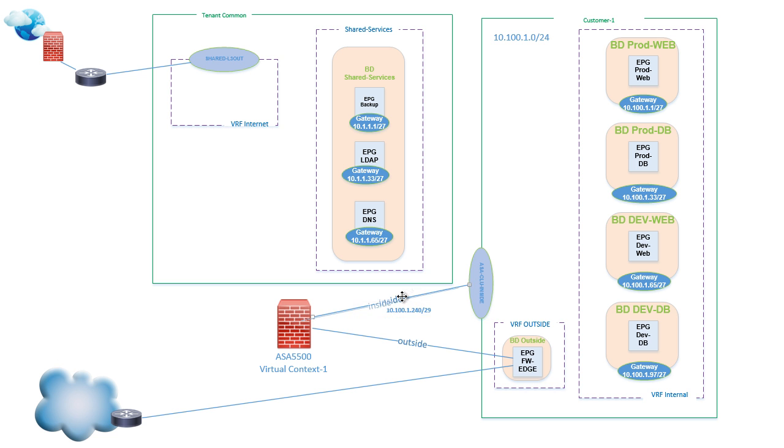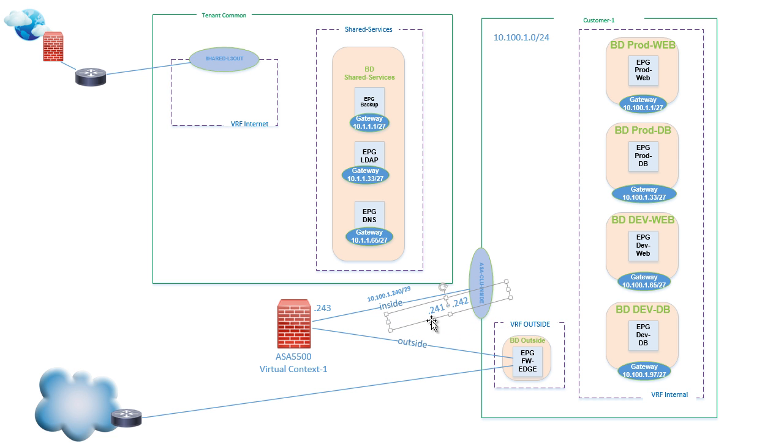So that's going to be our inside connection. Do 243 as the firewall, and let's do 241 through .242 for the layer 3 out.